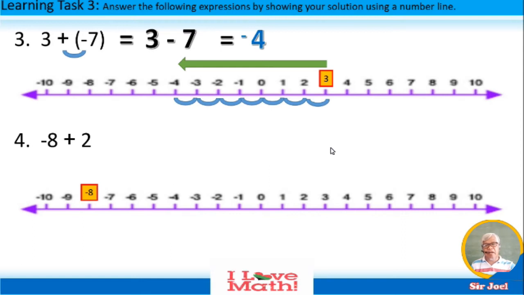Plus 2. Positive 2. Is it moving to the left or moving to the right? Yun. Dahil positive, ang ibig sabihin, moving to the right. Nang ilang beses? 2. At kapag nag-move tayo ng 2 beses from negative 8, the answer is simply negative 6.